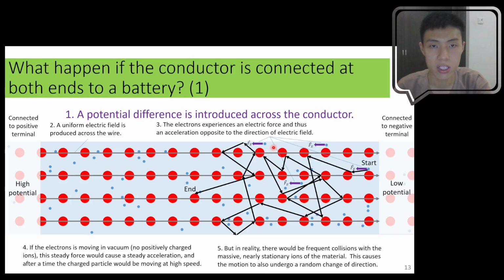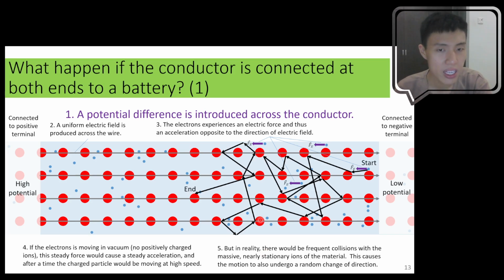So E is constant, F is constant, so a will be constant. You will see this electron just gradually speed up and never really slow down, if there's no positive ions in this conductor.